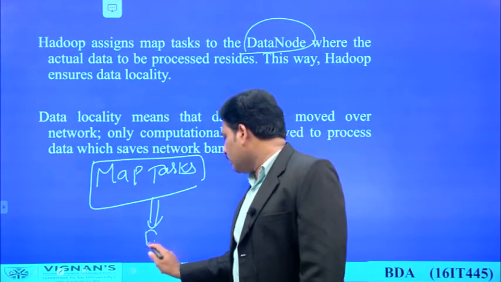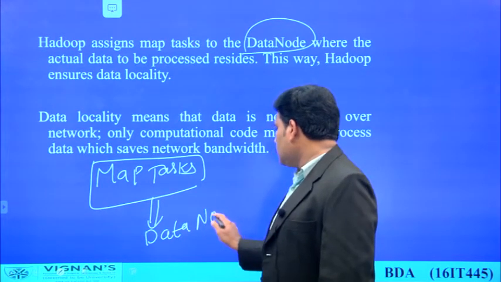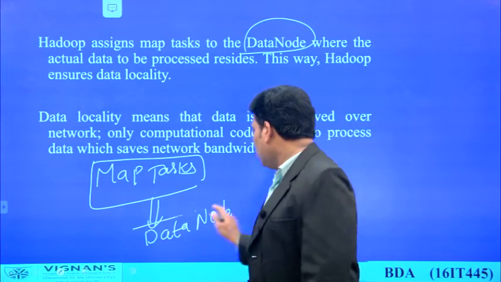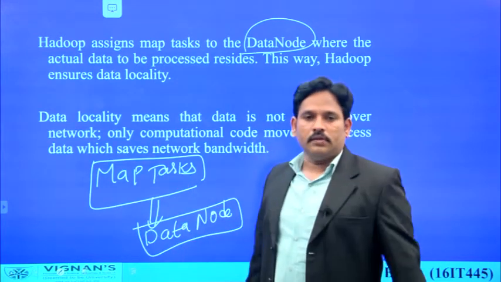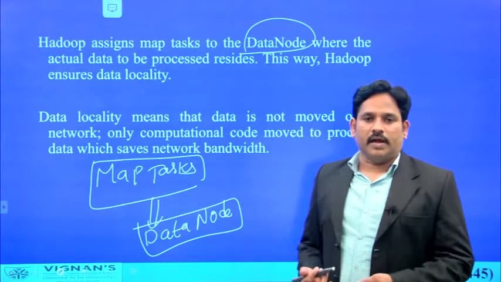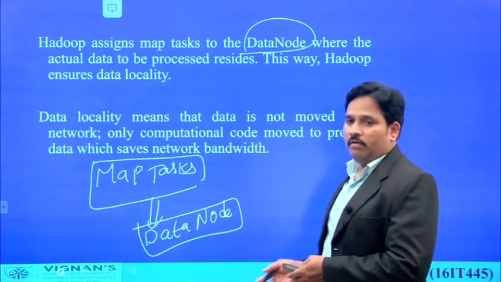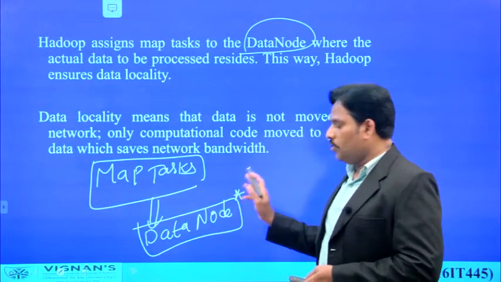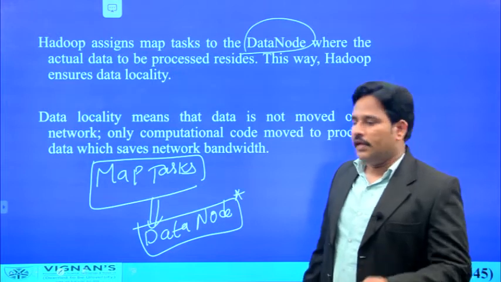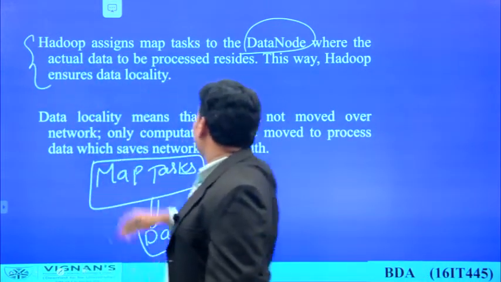The data node is responsible for completion of the activities which are assigned to the mapper block. That means in MapReduce the first block is the mapper. Mapper will get some activities to be completed. Whatever work has been assigned to the mapper is going to be controlled and monitored by the data node. This is the meaning of this sentence.